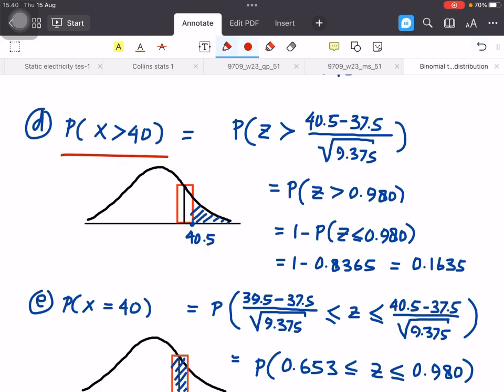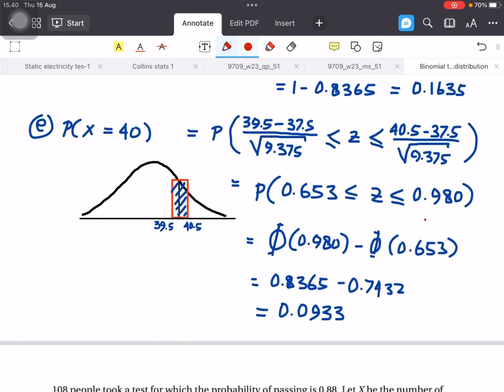So probability X greater than 40 is equal to probability Z greater than 40.5 minus mu divided by standard deviation, which is equal to probability Z greater than 0.980. It's equal to 1 minus probability Z less than 0.980. The answer is 0.1635.